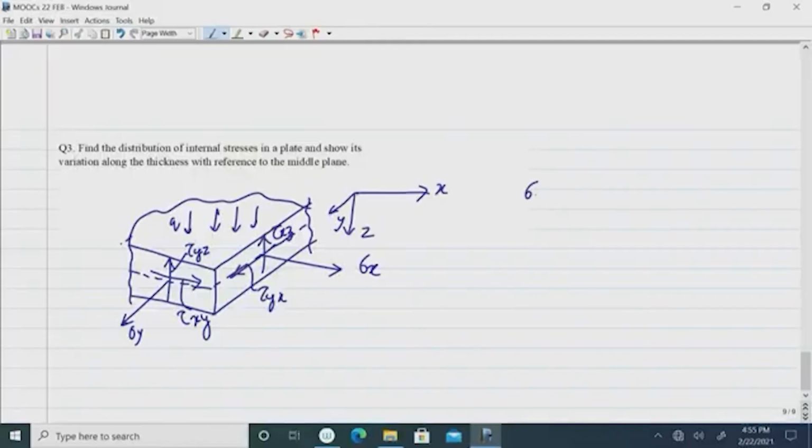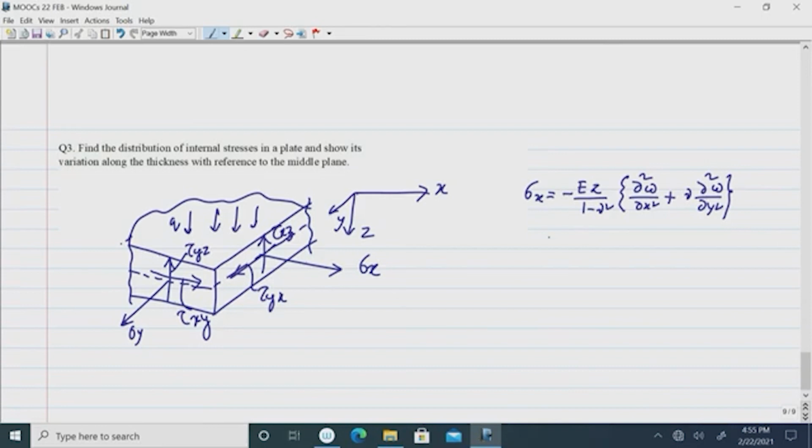Now, sigma x is known to us, it is equal to minus E into z over 1 minus nu square into curvature, that we have derived earlier. Okay. Now, we also know the expression for m x. So, m x is minus D into this curvature.